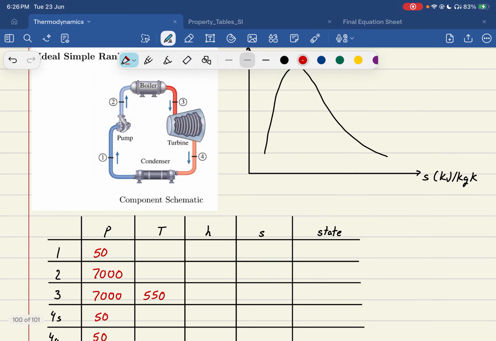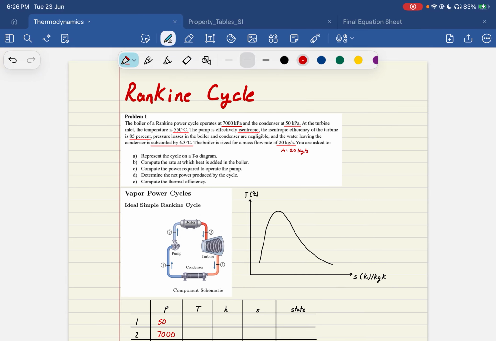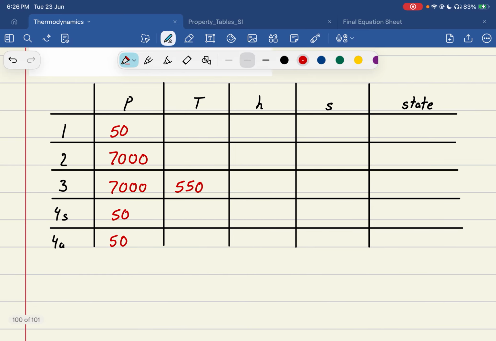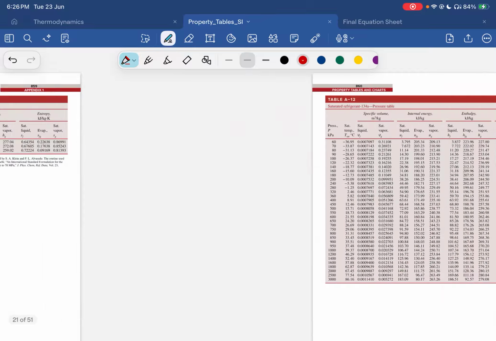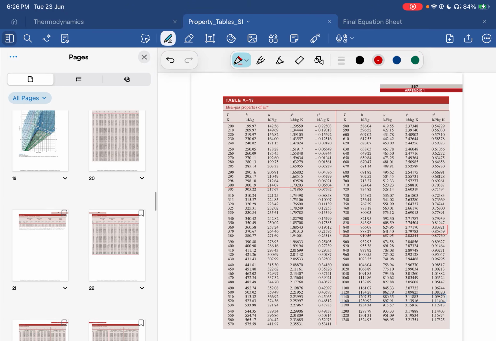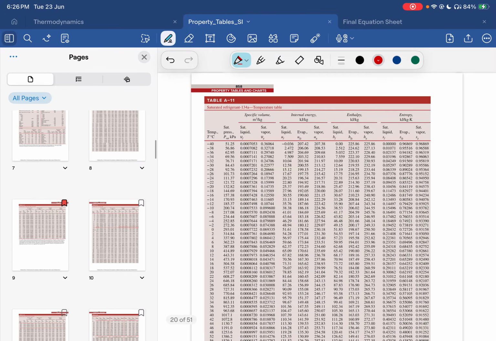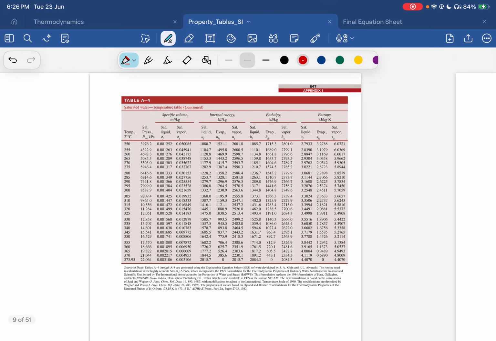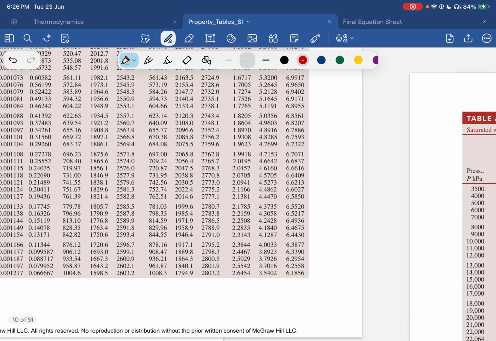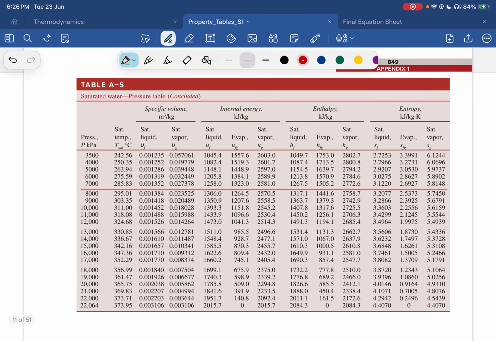And so what I would start with is the enthalpy and entropy values for state 3. So we go to the property tables, and we go to A4 or A5. I'll go A5. And it says it's 7,000 kPa. And now 7,000 kPa is much higher than 285, so you can't look at the saturated table.